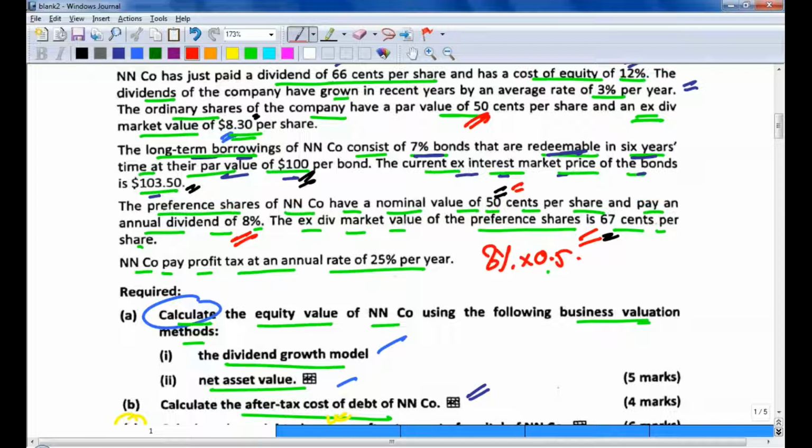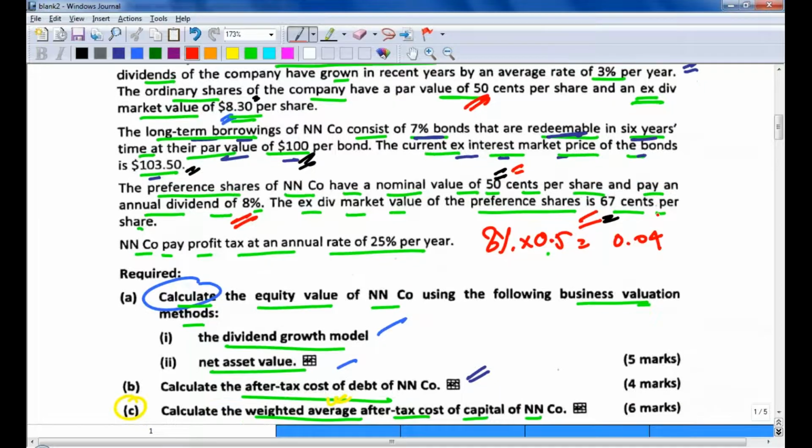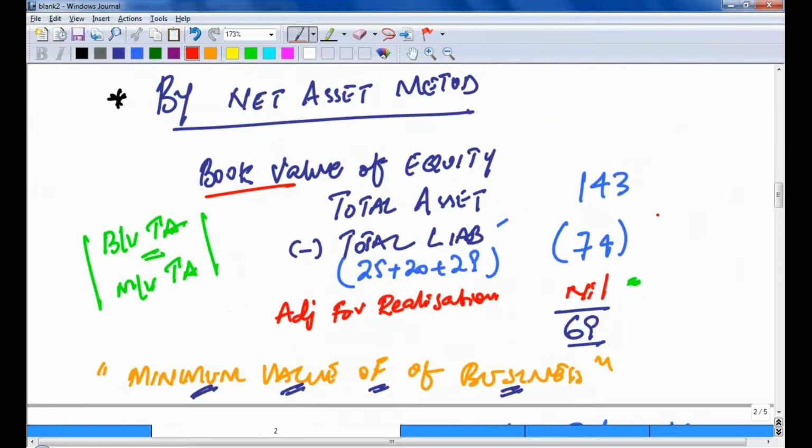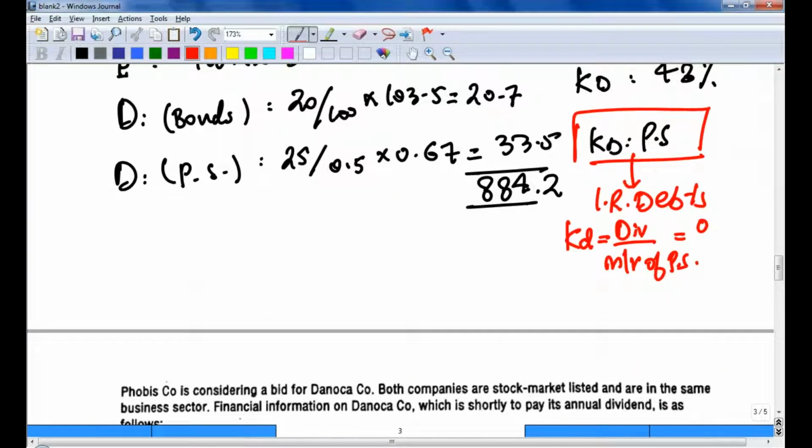So 0.5 into 8% is 0.04. 0.04 divided by 0.67 is 5.97%. We can put the figure as 6% as well.